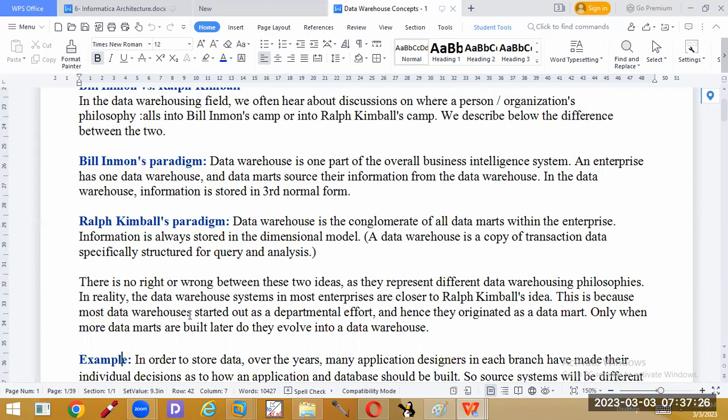This is because most data warehouses started out as a departmental effort, and hence they originated as data marts, and only later were more data marts built and the data integrated. The reason Ralph comes into the picture is that no company designs one big data warehouse at the initial stage. It starts day by day and then increases the data warehouse concept.